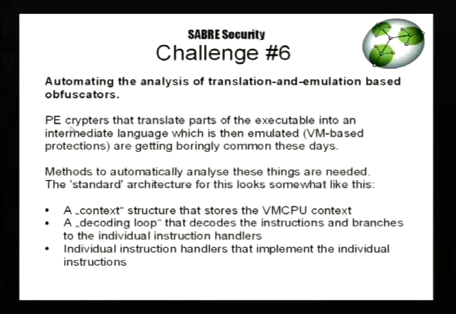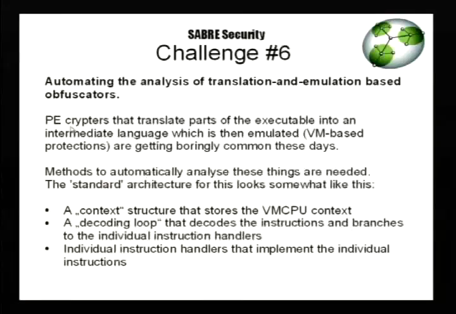I don't really know how that would work, but from my experience, the standard architecture for such a VM-based protection is that you have a VM, and that VM has a context, meaning the set of registers of that CPU, some sort of data structure. Then it has a decoding loop, where it fetches a new instruction, and then uses that instruction to branch off to the different instruction handlers, and then they update the context somehow, and then it returns.